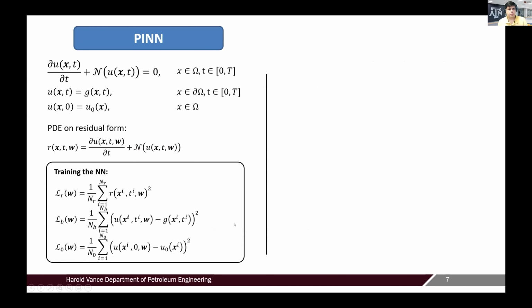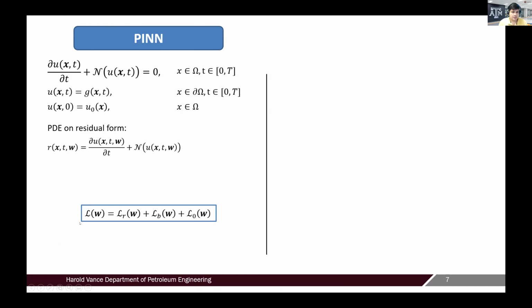So just to do a quick comparison, here is the standard way the PINN is defined to solve this hyperbolic PDE, where we have the PDE conditions, we transform the PDE into the residual form, and we train the neural networks to minimize the summation of these three loss functions, and we have this total loss function here.